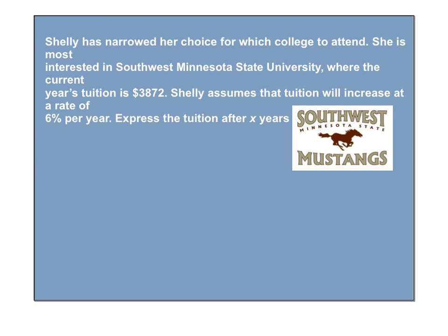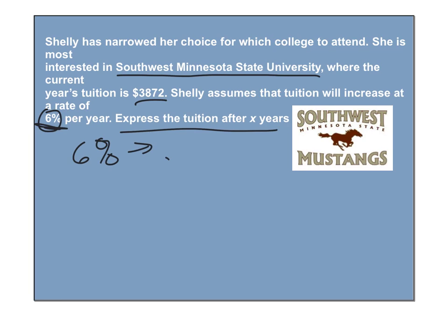So Shelley has narrowed her choice for which college to attend. She is most interested in Southwest Minnesota State University, where the current tuition is $3872. She thinks that the rate will increase at 6% per year. Express the tuition after x years. So if I'm looking at this correctly, 6% as a decimal would be 0.06.